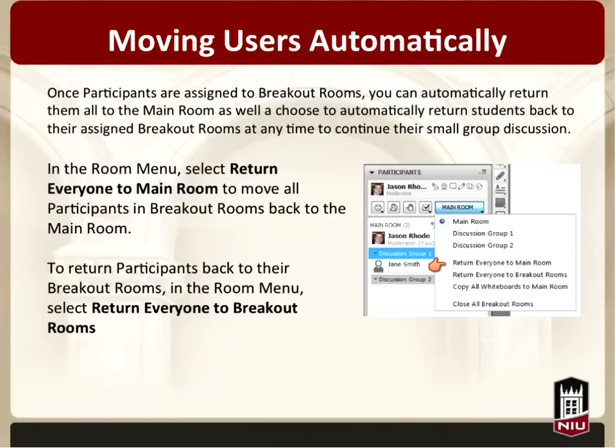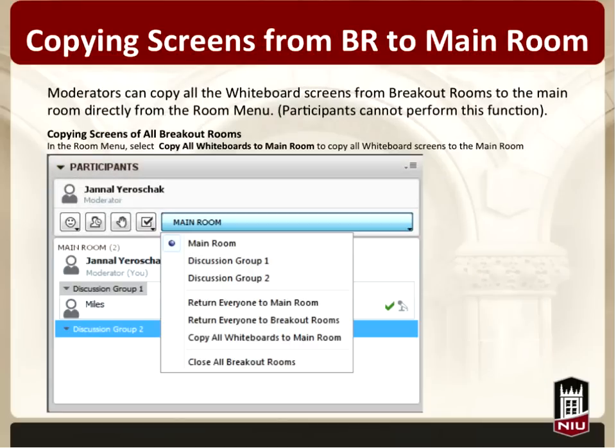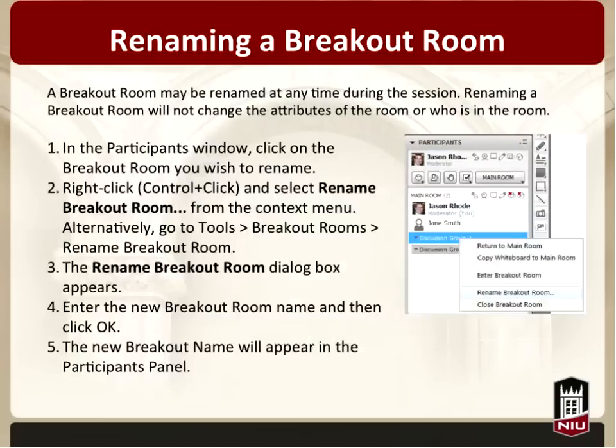So after you've returned everyone to the main room, you can also click to copy all of the whiteboards to the main room, and then from within the content menu, you can access any of the slides, any of the whiteboards that the users in those breakout rooms were making use of. So again, this is that copy all whiteboards to the main room, and that's a commonly used feature when you're having students discuss and use the whiteboard.